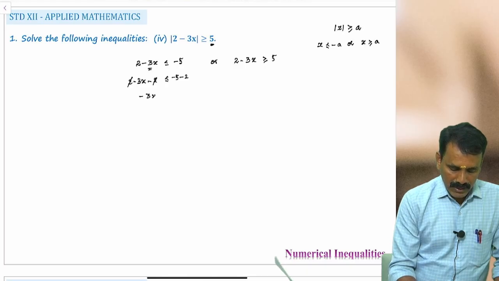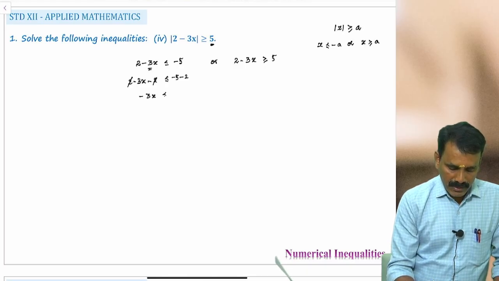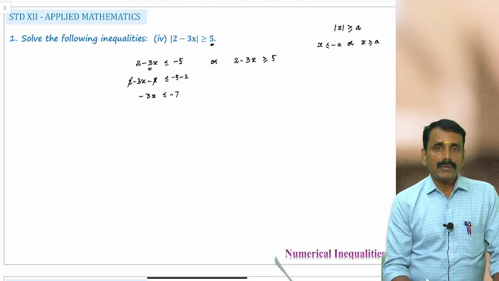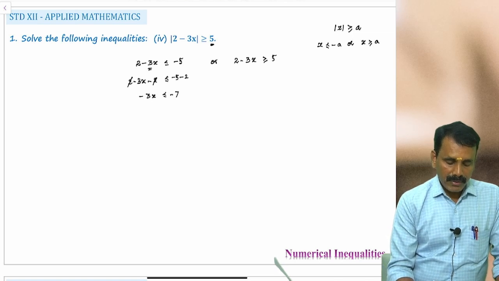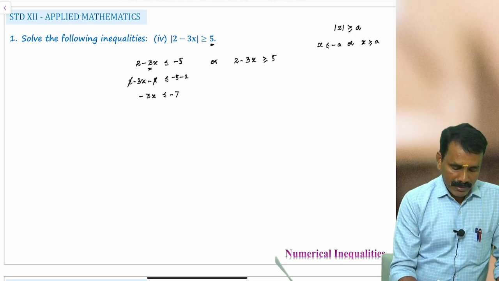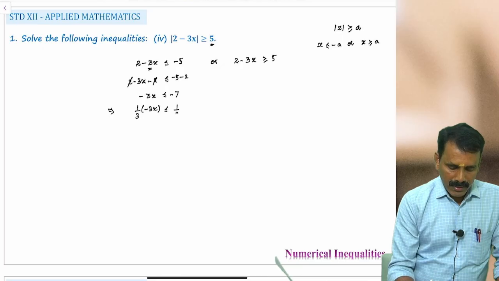So, minus 3x less than or equal to minus 7. We try to remove 3. How to eliminate 3? We multiply with multiplicative inverse of 3. So, we multiply by 1 by 3. So, 1 by 3 into minus 3x will be less than or equal to 1 by 3 into minus 7.